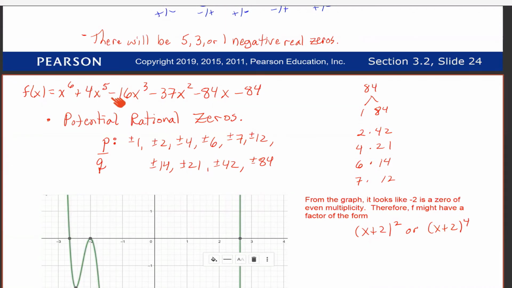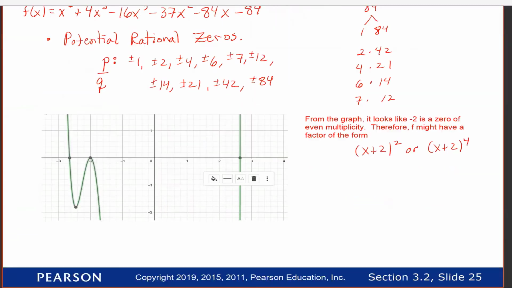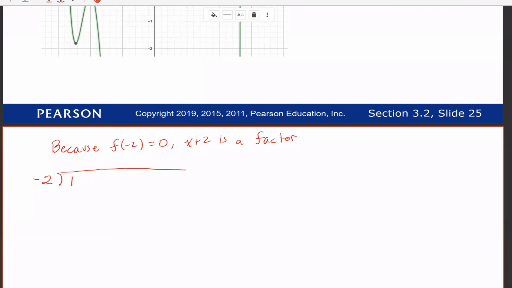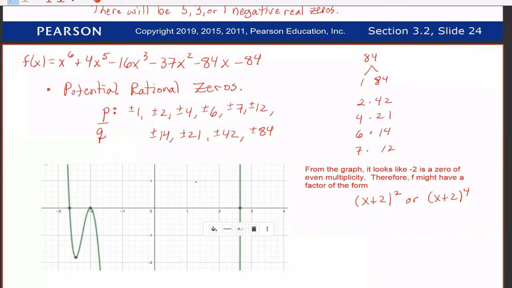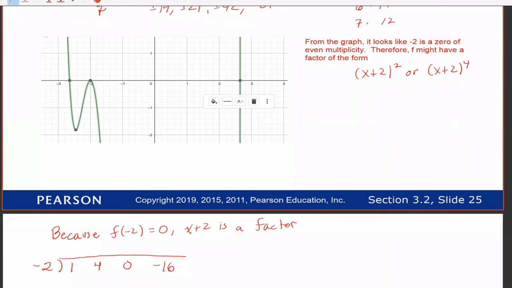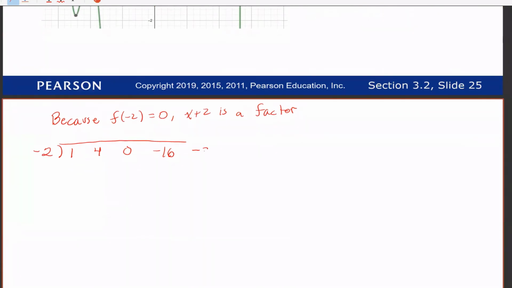And so 1, 4, 0, -16. And then -37, -84, -84.